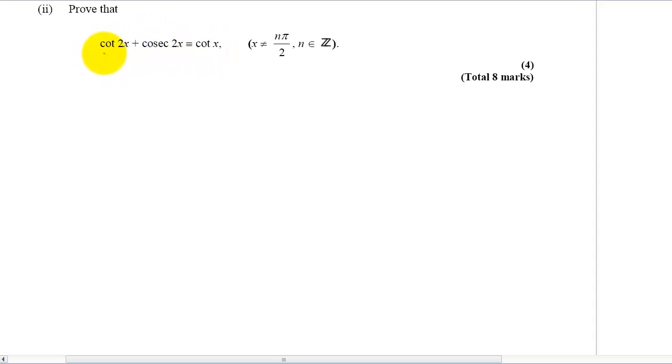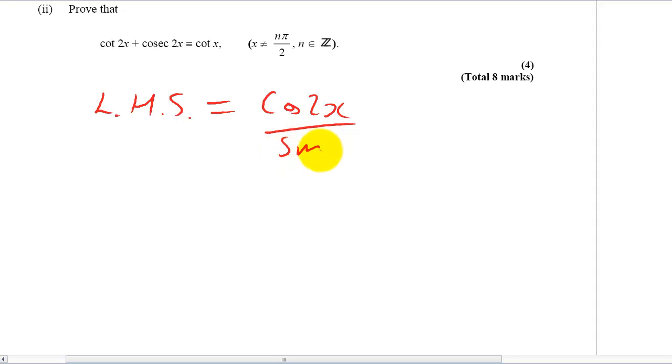So in this case, we're going to take the left-hand side, the cot 2x and the cosec 2x, and we're going to turn this all into cosines and sines. Normally I'd say avoid that, try and use a formula relating cots and cosecs, but actually they're all to do with squares, and we don't have any double angle formulas comparing cot and cosec, but we do have double angle formulae with cos and sine, hence why I'm going to turn it all into cosines and sines.